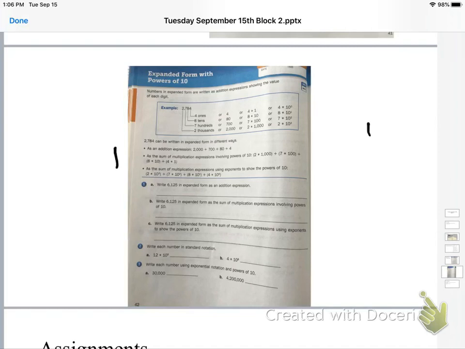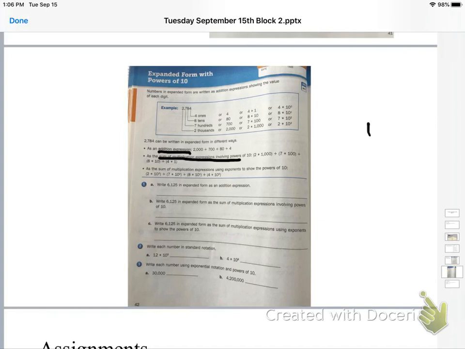We took a look at different ways to do expanded form, all right? So in this one, they're showing us that you can write it with an addition expression, just like that. And that's the way, we talked about this yesterday, you've been doing that since like 2nd grade, where you just pull apart the values. Then we talked about doing it with sum of multiplication expressions involving powers of 10.